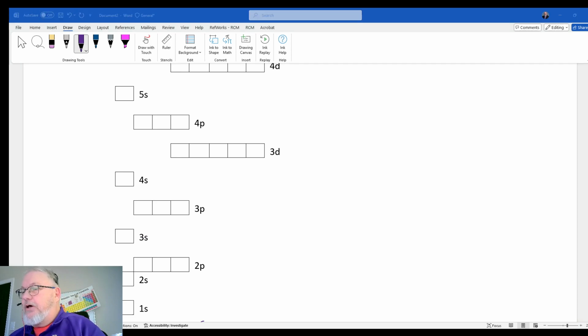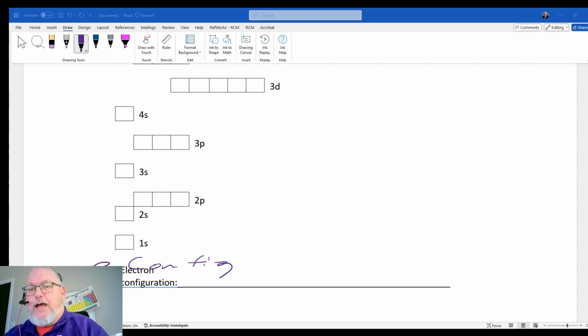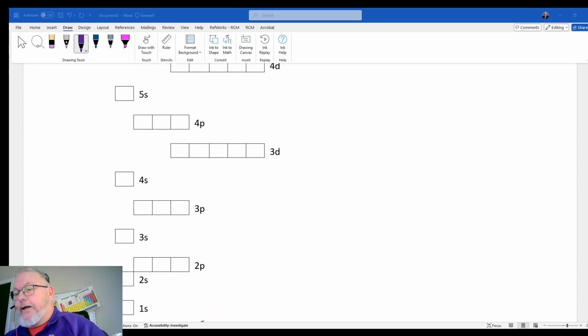If I'm asked to write a configuration, that means it wants me to follow the three rules: the Aufbau rule, Hund's rule, and the Pauli exclusion principle. So whenever they ask me to write an econfig for an element, let's pick one.